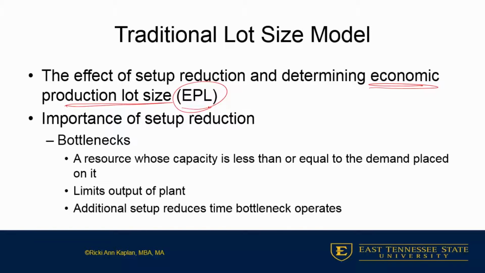But it looks at bottlenecks. A bottleneck is a resource whose capacity is less than or equal to the demand placed on it. I'm drawing, use your imagination. We have the bottleneck right here. So as things are flowing through, this right here really limits what we're able to do.